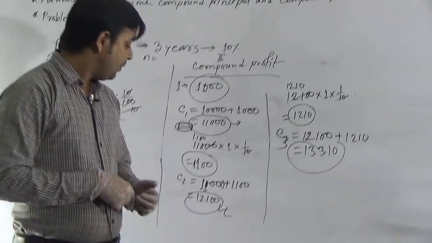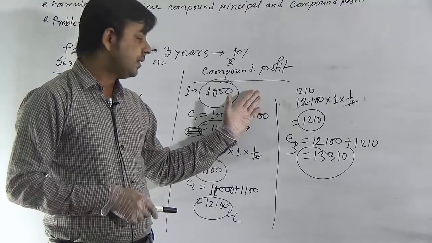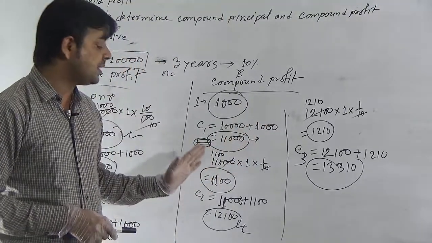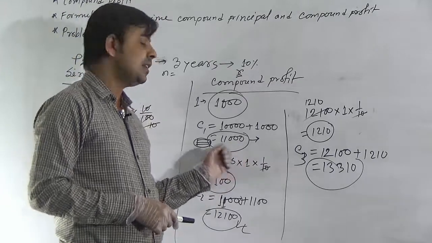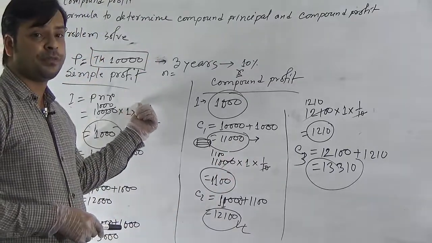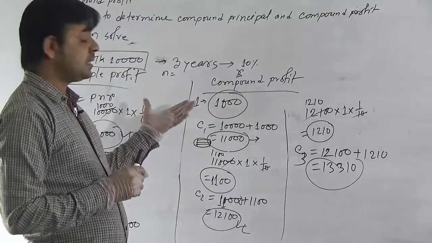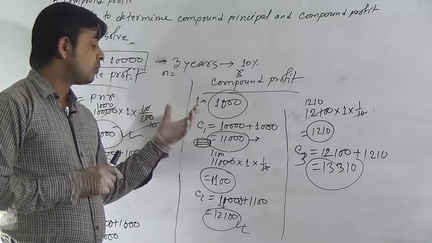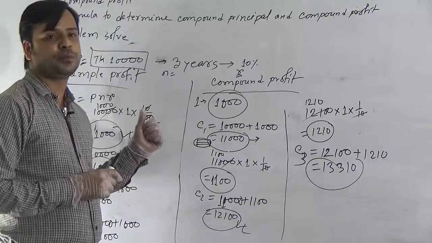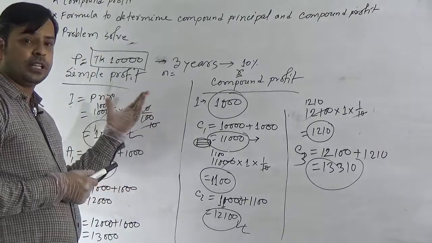If you observe, in case of compound profit the principal is changing every year. But in case of simple profit, the principal always remains the same. This is the difference between compound profit and simple profit. I think you are clear about the concept.